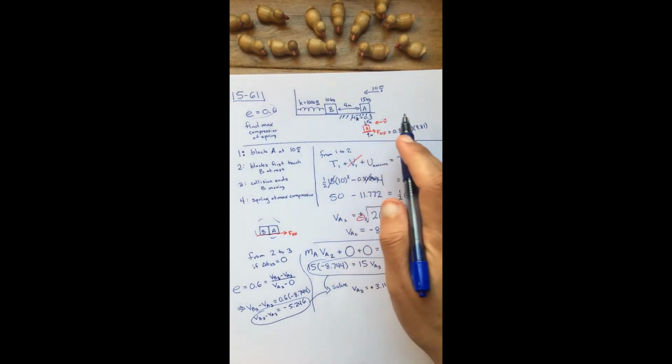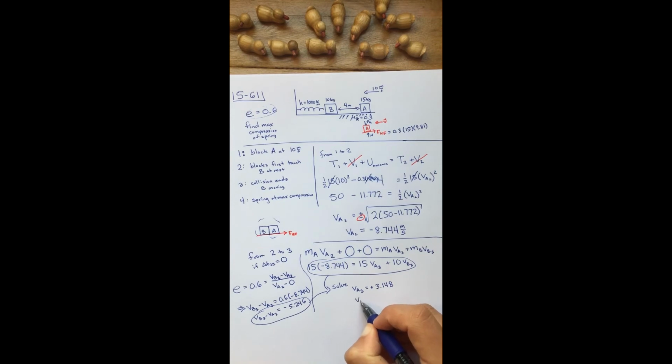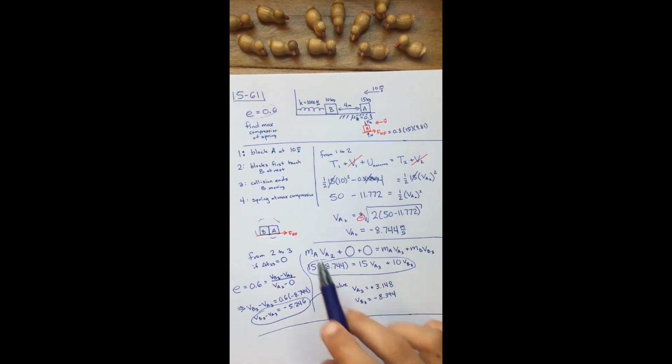So now block A is going in the other direction. Block B is going in the negative direction with a speed of 8.394. So using conservation of momentum, we were able to find the velocity of block A and block B when the collision ends. Now block B is moving.